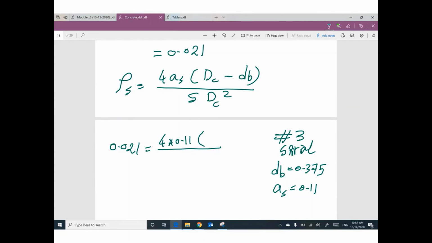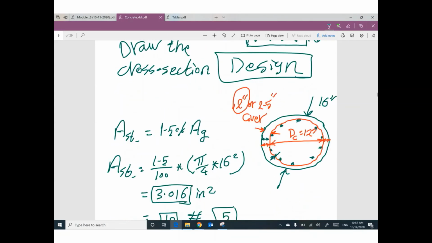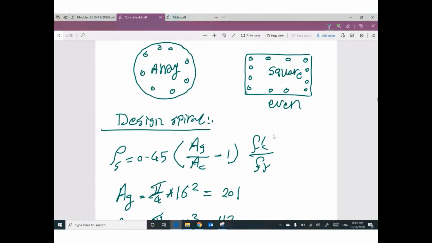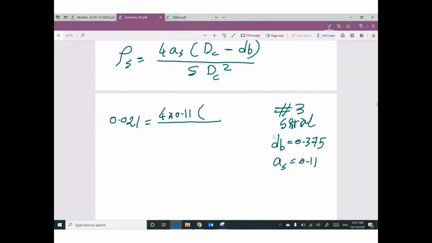divided by DC, 12, minus the diameter of this bar, 0.375, divided by S, DC 12 squared. The only unknown is the spacing.